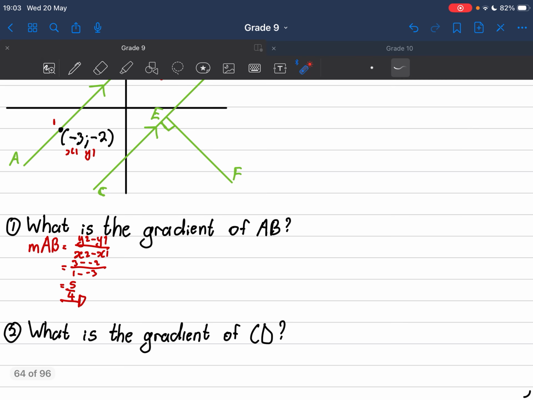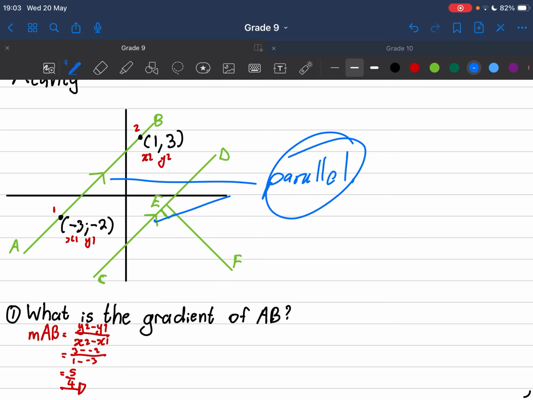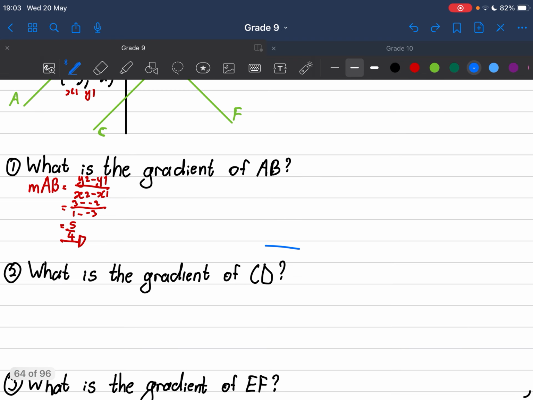Next, they ask, what is the gradient of CD? Here's CD, and there's a little arrow on AB and CD. These arrows mean that these two lines are parallel. So AB is parallel to CD.